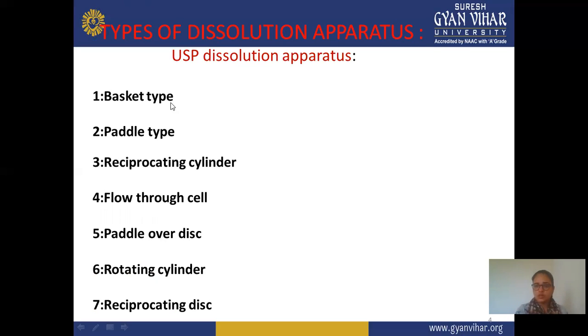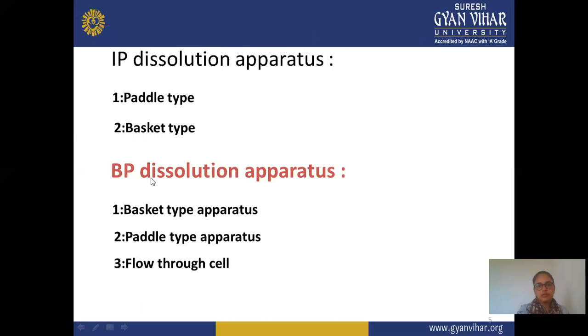All are similar to what is given in USP, so we discuss only the dissolution apparatus according to USP one by one. In IP the apparatus are paddle and basket, and flow through cell is one more, which is also the same as USP. In BP the first is basket and the second is paddle.